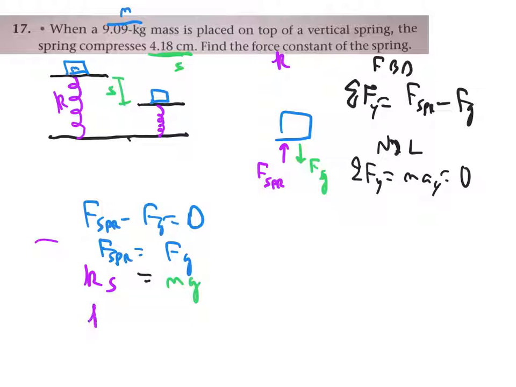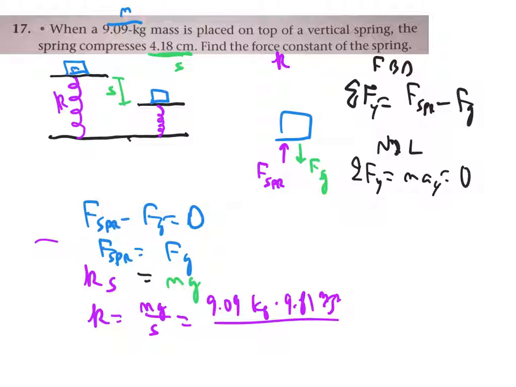So we can solve for K as being just mg over the distance. So 9.09 kilograms times 9.81 meters per second squared, all over, and we have to be careful here, 4.18 centimeters, but if we want the spring constant in newtons per meter, we should convert this and say there is 1 meter per 100 centimeters.